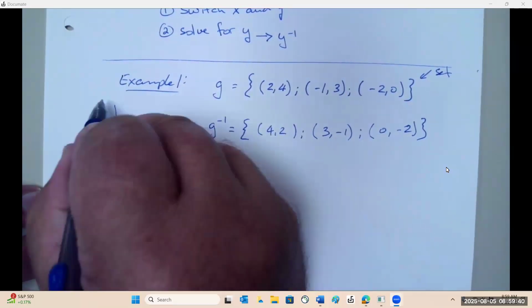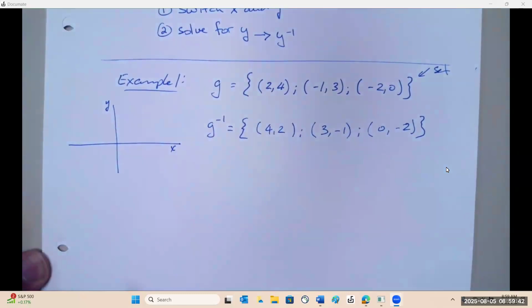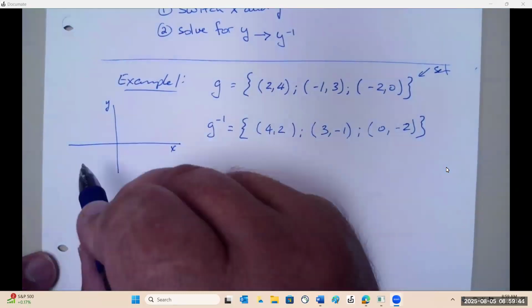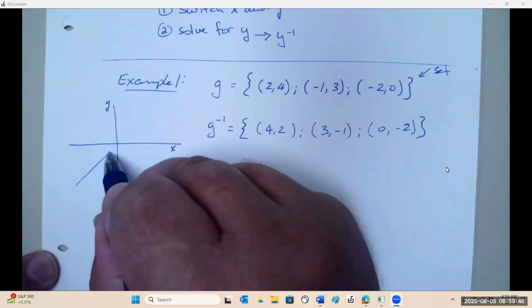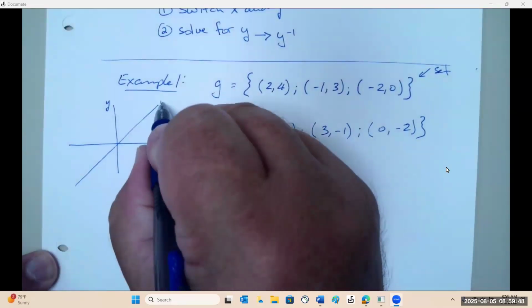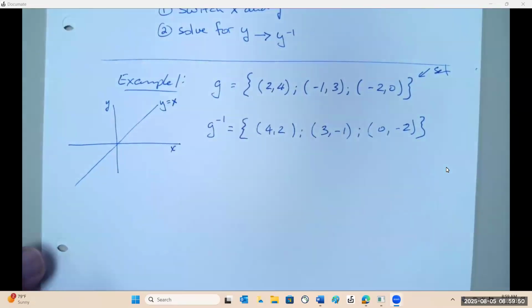Basically, an inverse function is a reflection about the line y equals x. Think about it.